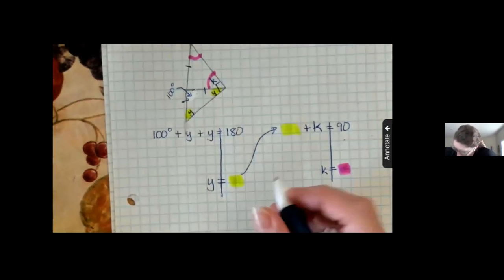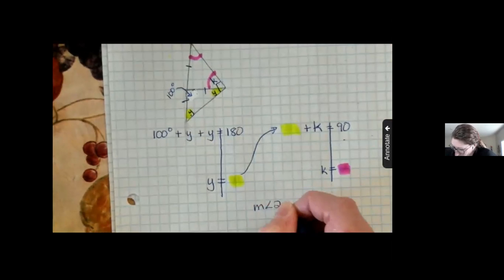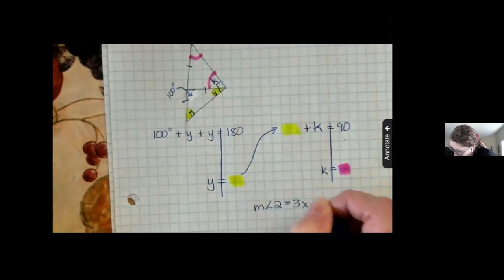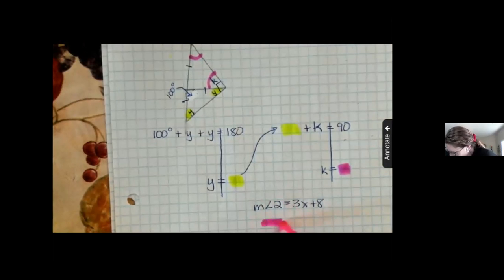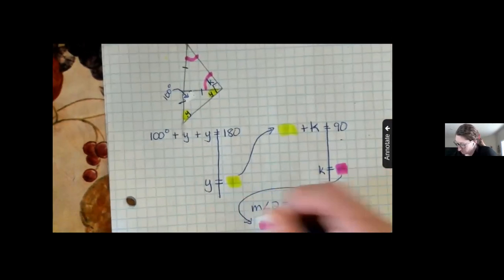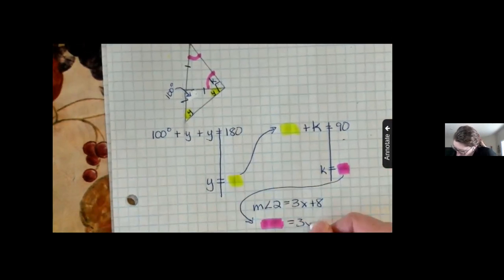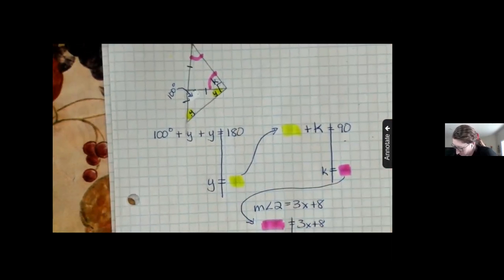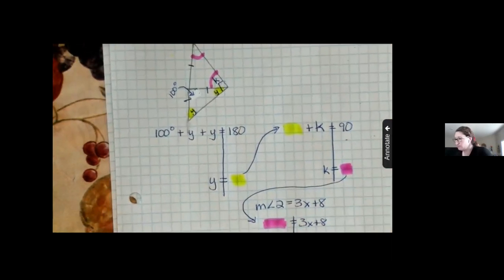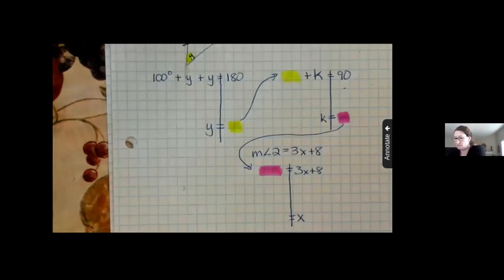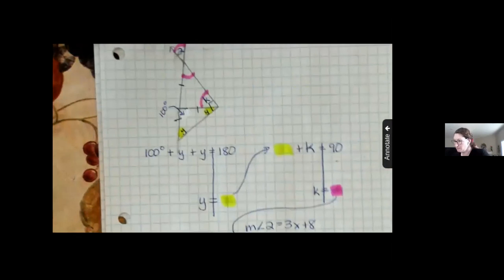whatever k is, the measure of angle 2 equals 3x plus 8. You're going to fill in the measure of angle 2 here and solve for x. I don't know what x is on this because he only gave us odd. So there's your drawing.